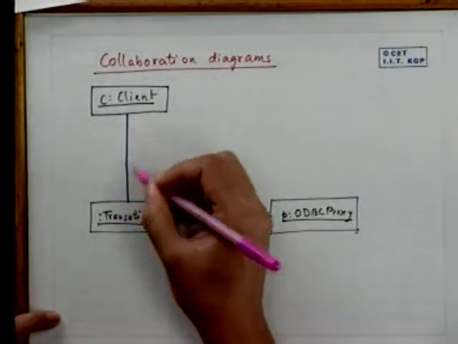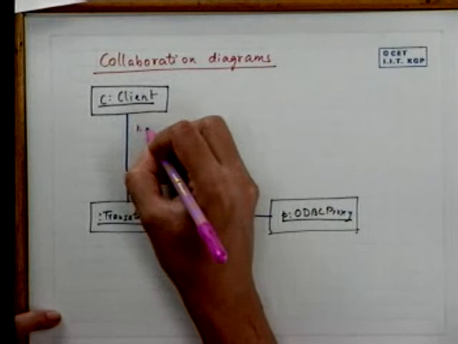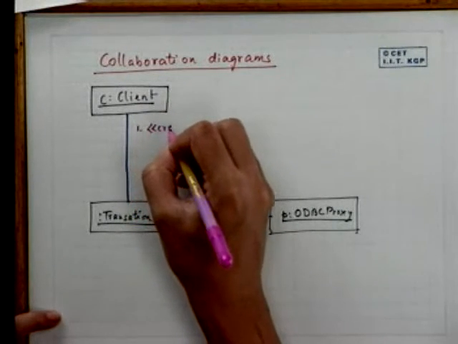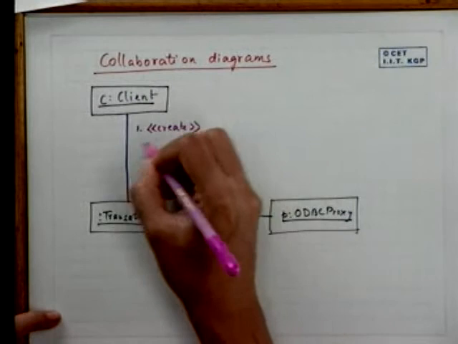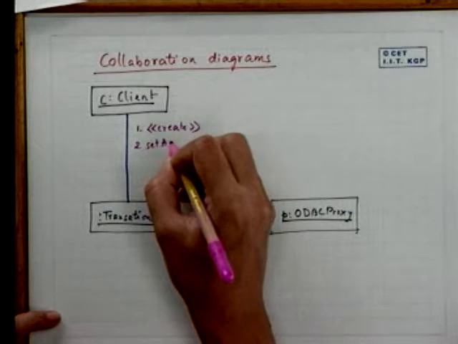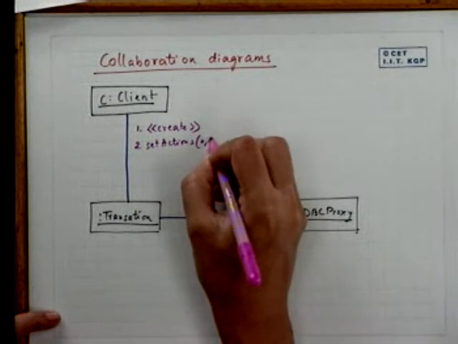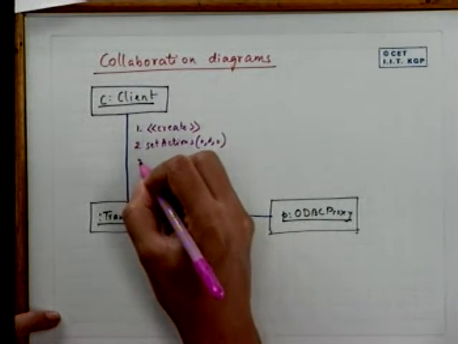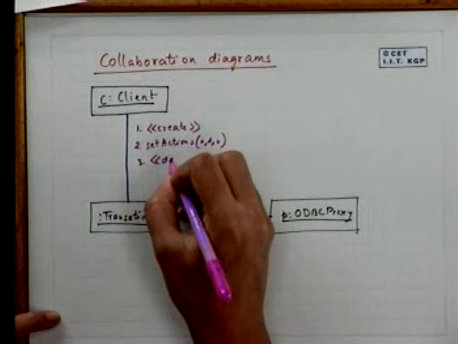So what are the messages in this system? The messages sent by the client to the transaction are three messages: the create message, then the set actions message, and then the destroy message.